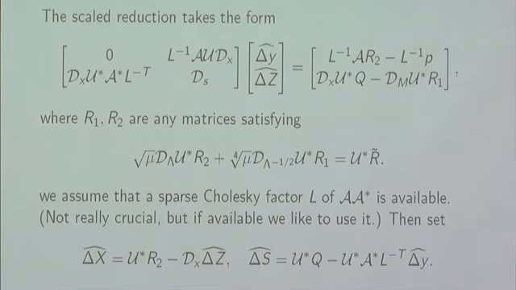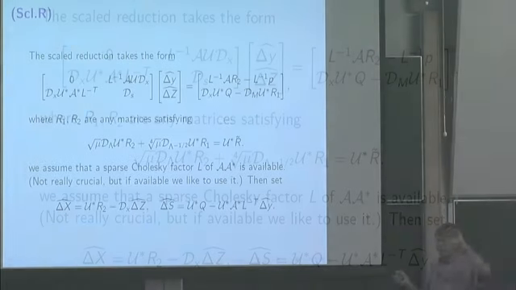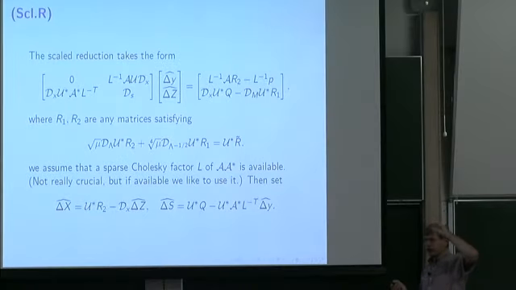So I get a different residual whether I pivot over X or S. And essentially, the residuals in all cases, they have to satisfy this equation. So that's the equation. Any choice of R1 and R2, because R2 comes back in the back substitution, any choice of R1 and R2 satisfying this equation will do. And this freedom of choice is exactly that I can choose whether to pivot over X or S.